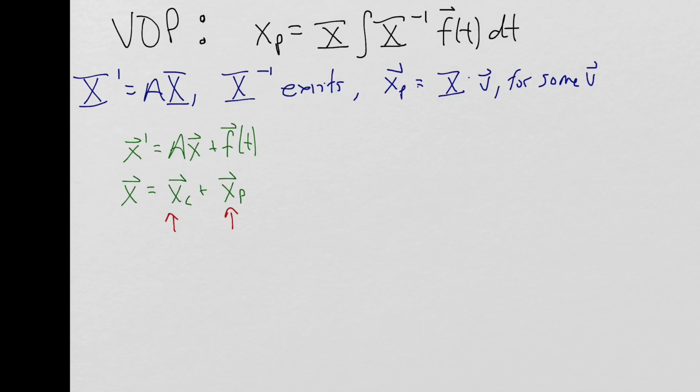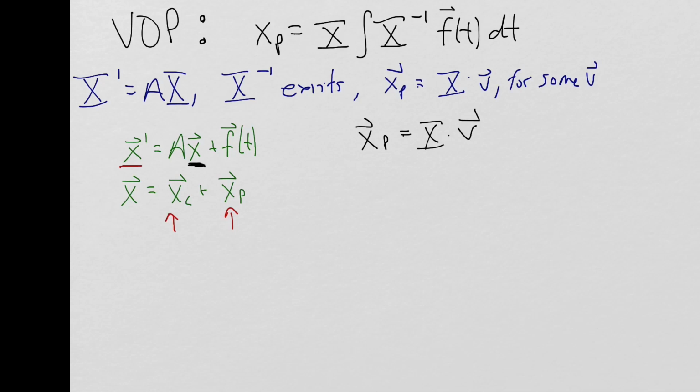So, what I want you to see is that here I've got x prime, and here, what color do I want to use? I'm going to use black. Here I've got x. What I'm arguing is that xp is equal to X times v. That line is going to replace this x right here.